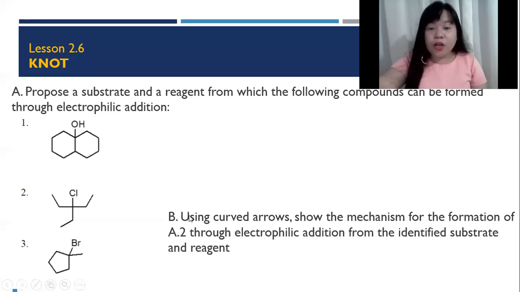So letter B, using curved arrows, show the mechanism for the formation of A2 through electrophilic addition from the identified substrate and reagent. When you draw the mechanism, it's a fairly straightforward question. You can start with whatever reactant you have answered from here, and then there's no water involved.